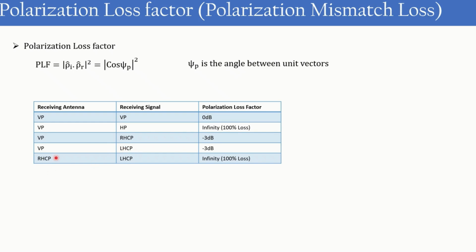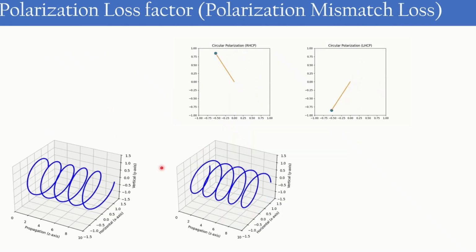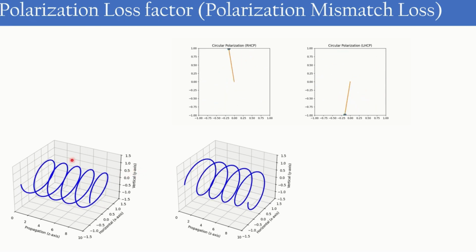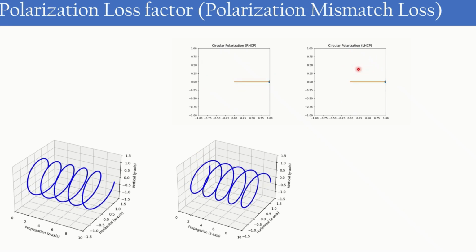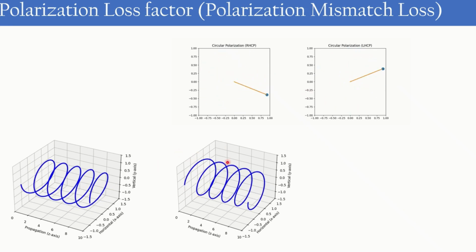Next thing is, if you have a right hand circularly polarized receiving antenna and a left hand circularly polarized signal is incident on it, it won't receive any signal. It will produce 100% loss. So let's see what is meant by this. For that, I have considered both RHCP and LHCP signal propagation, and this is the tip of the electric field showing how the variation is happening.